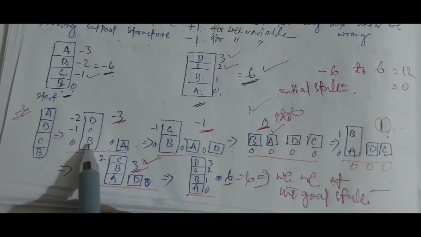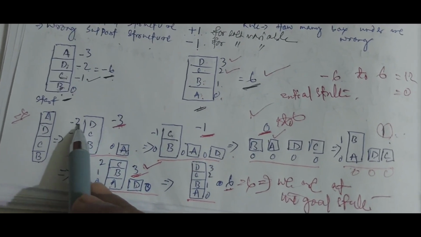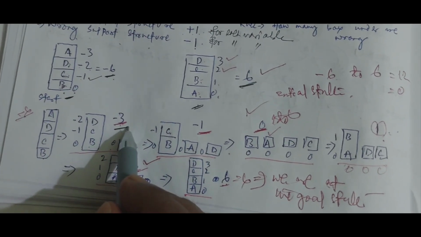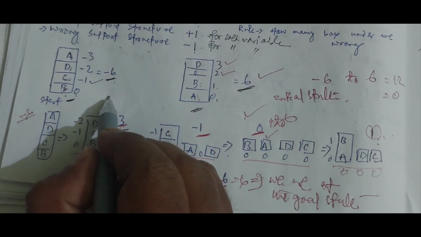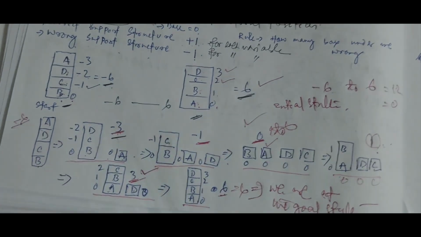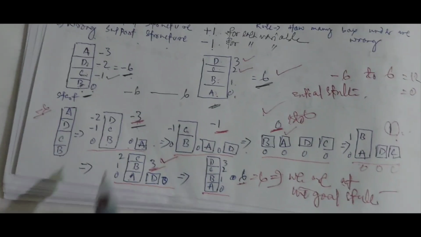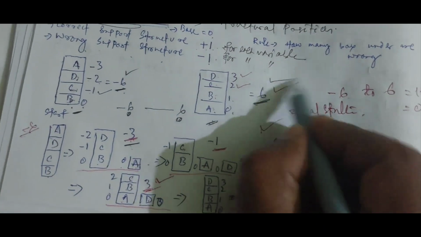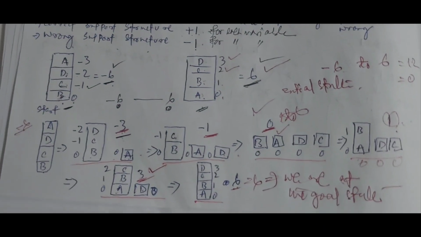Under D, 2 variables are there, -2. So the value is -3. The distance was from -6 to 6. This is the initial state, and this is the goal state.